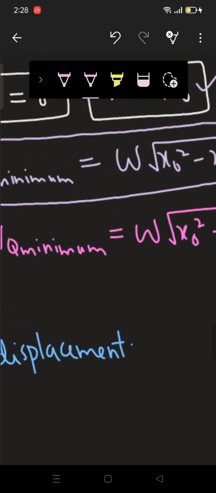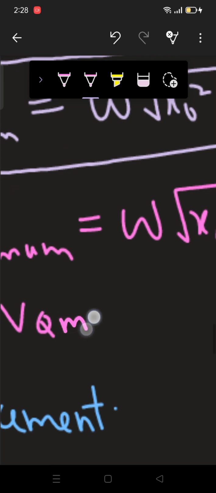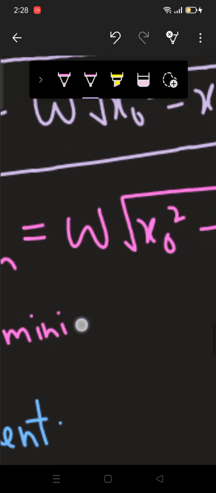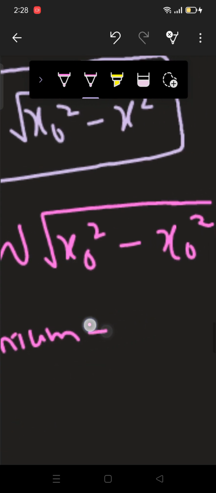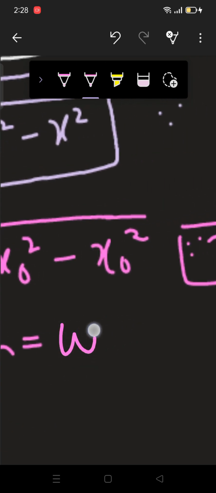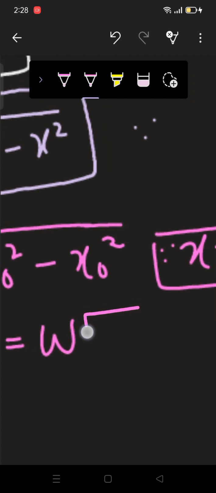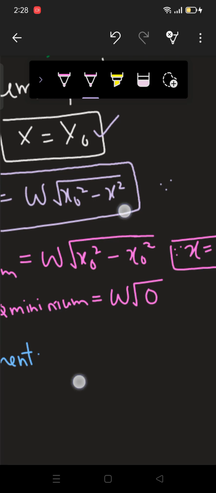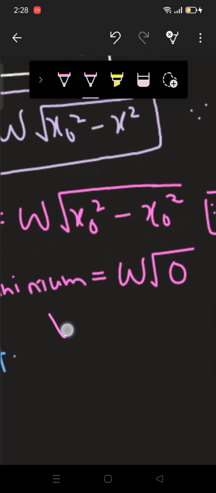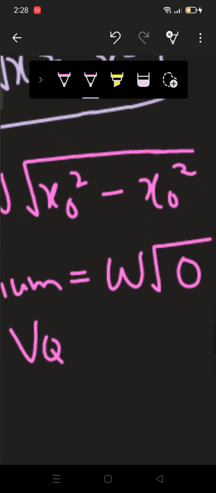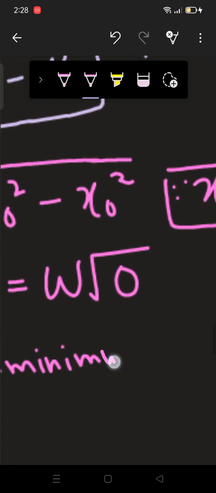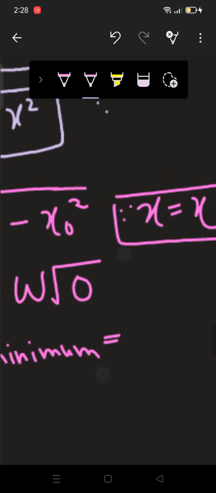Now see, V q minimum is equal to omega radical x naught square minus x naught square. x naught minus x naught is 0, and 0 multiplied by omega is 0. So V q minimum is actually equal to 0.